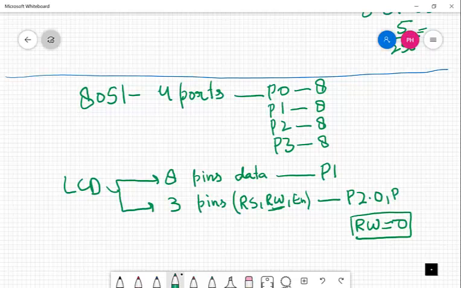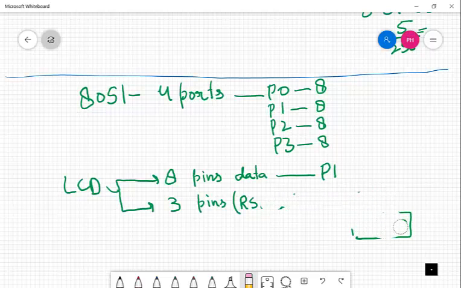That will actually save one pin. So we will be using only 2 pins for control, RS and enable, because we only have to write to the LCD, and thus we can permanently ground RW. So for RS and enable, we will be using P2.0 and P2.1.